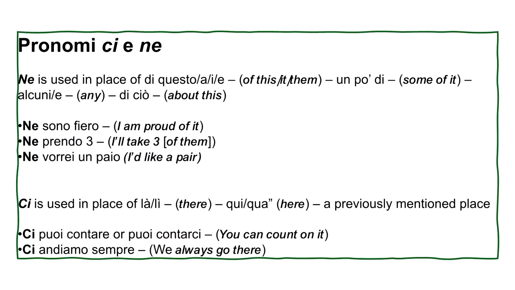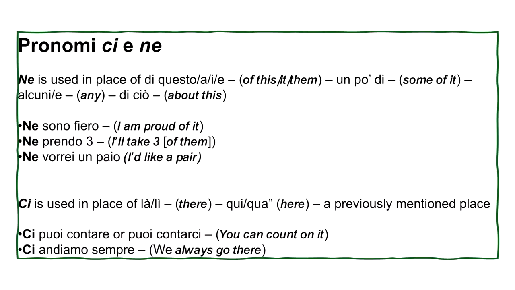Ci andiamo sempre. In this case, it means we andiamo. We, sempre means always. Always what? Ci andiamo, we always go in that place. Ci andiamo sempre. For example, I say to you, I often go to Italy.